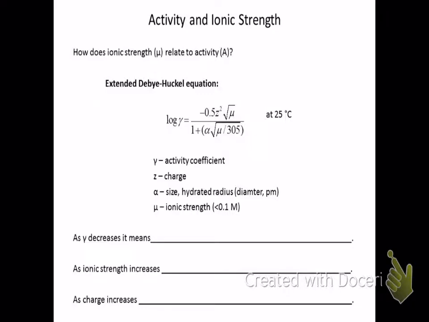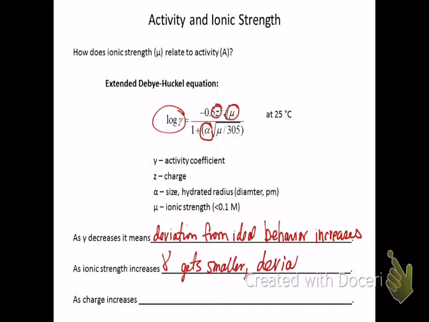Now, if we take a look at this, we can see that as gamma decreases, it means, as we just talked about, that deviation from ideal behavior increases.